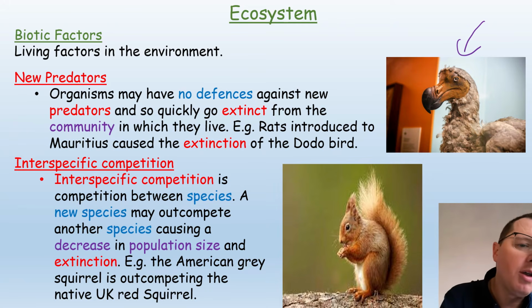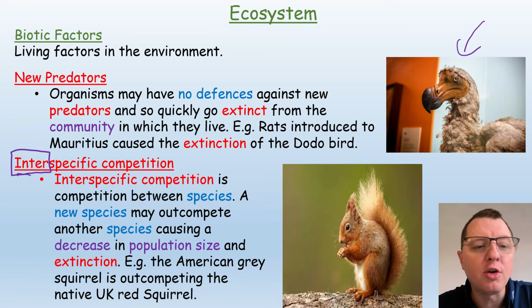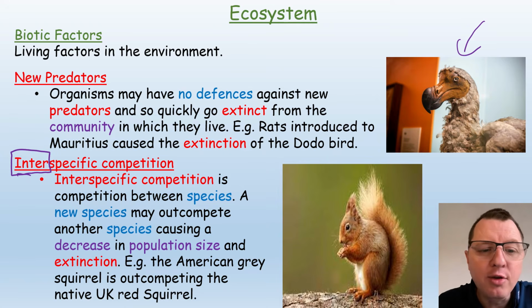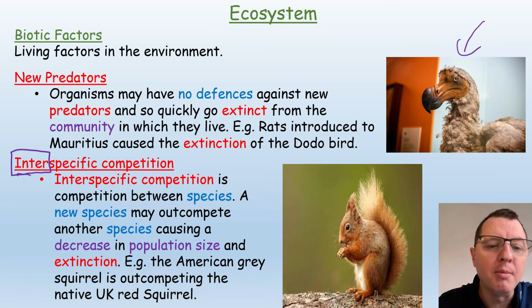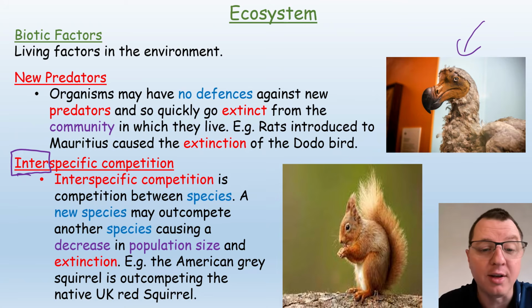Another issue, another biotic factor, is interspecific competition. Now, interspecific competition is competition between different species. A new species may outcompete another species, causing a decrease in their population size and extinction.